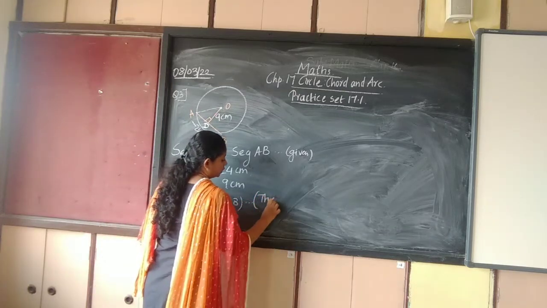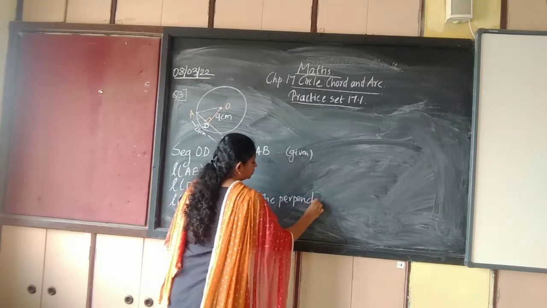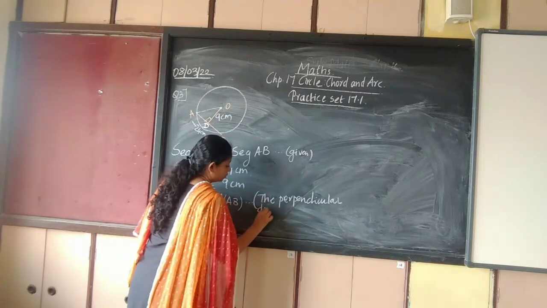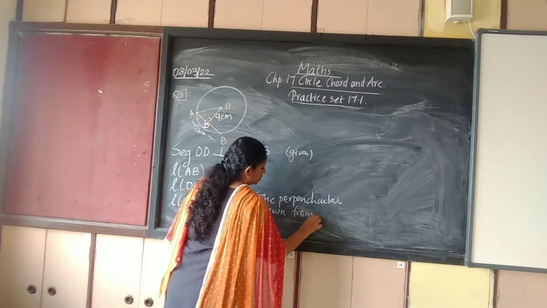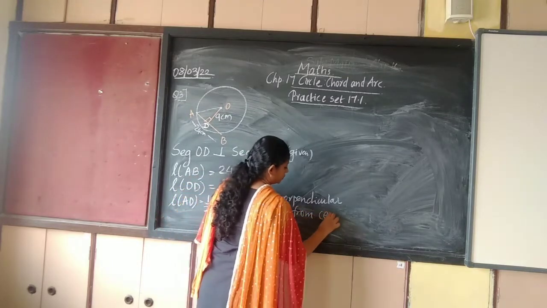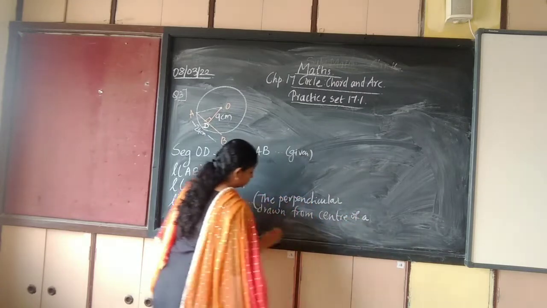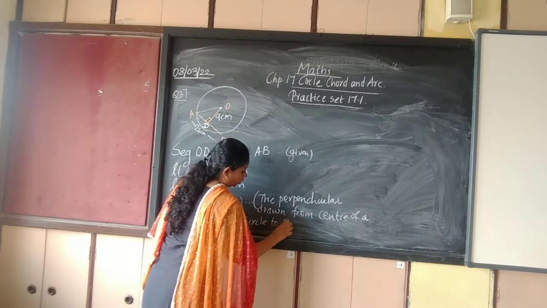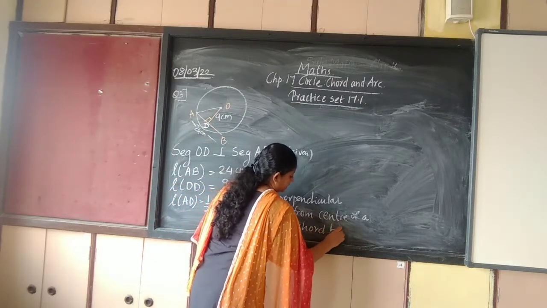The perpendicular drawn from the center of a circle to its chord bisects it.